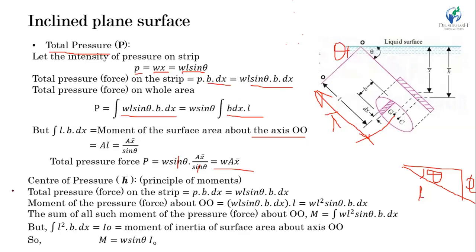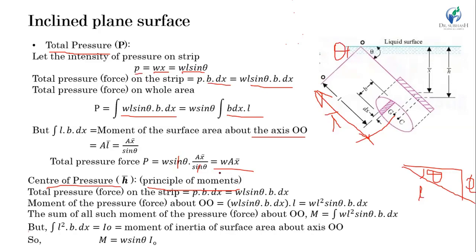Now let's calculate the location of the center of pressure. For that, we have to again recall the principle of moments, which states that the moment of the resultant force about any axis is equal to the sum of the moments of the component forces about the same axis.